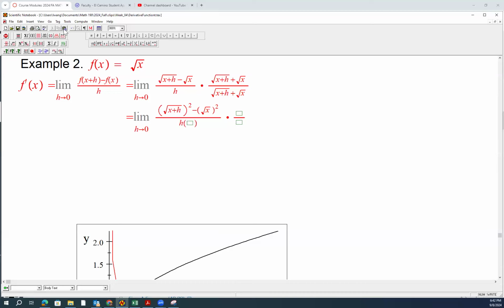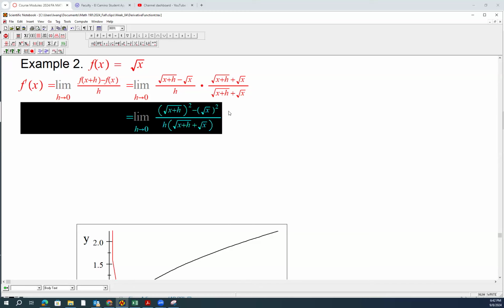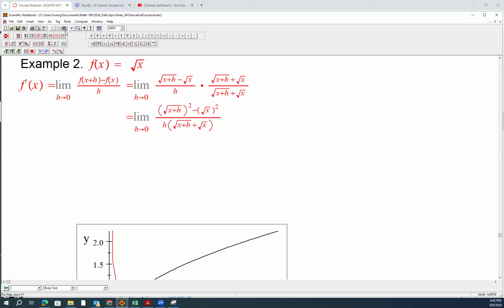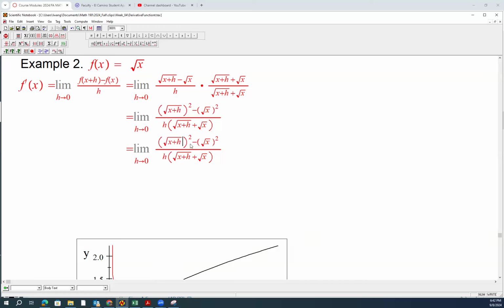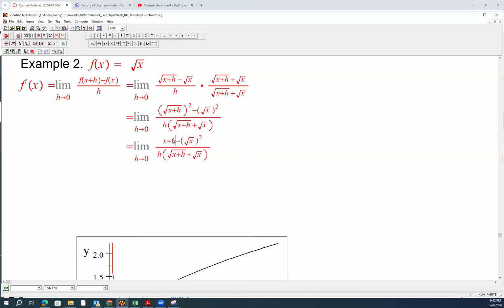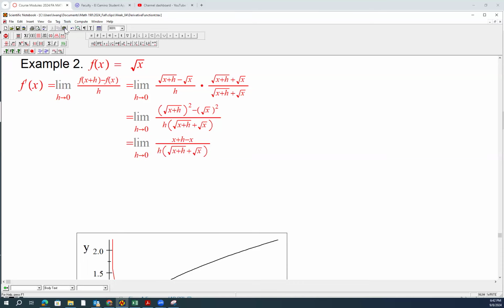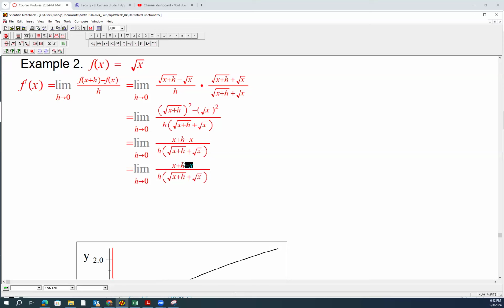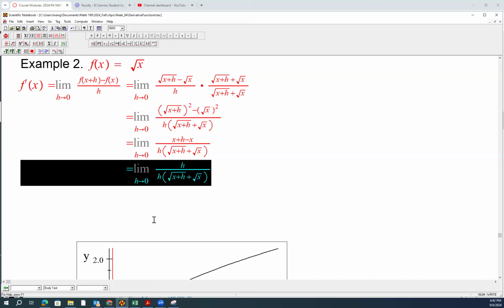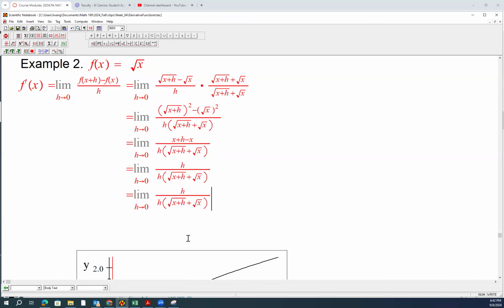So we can remove that piece. And next, this piece is going to be x plus h minus x. You are pretty familiar with this. You've probably done it many times over. So now we have only h left. So h and h reduce. So we have that.